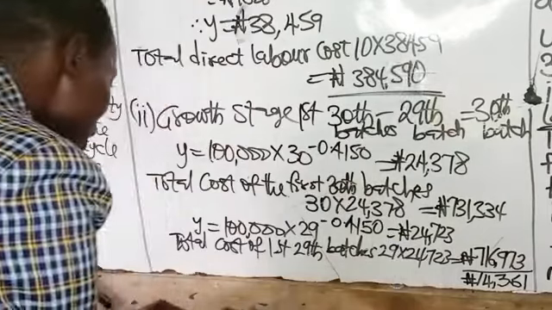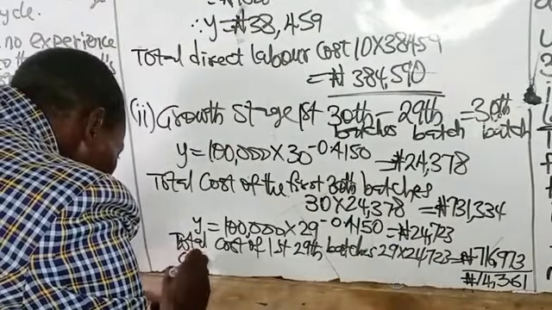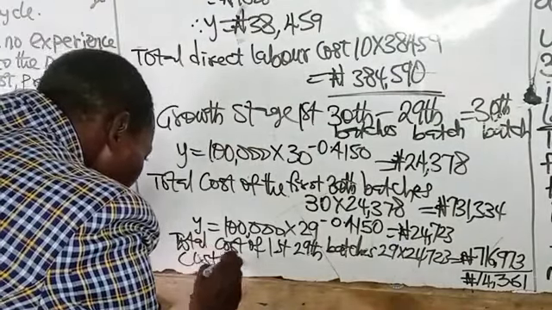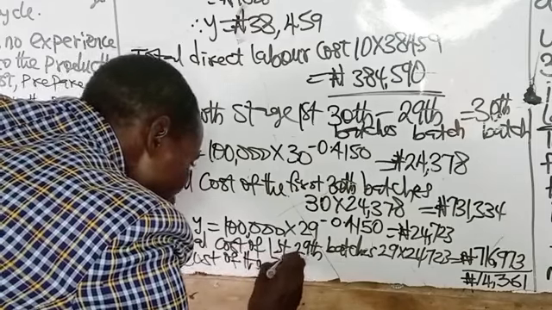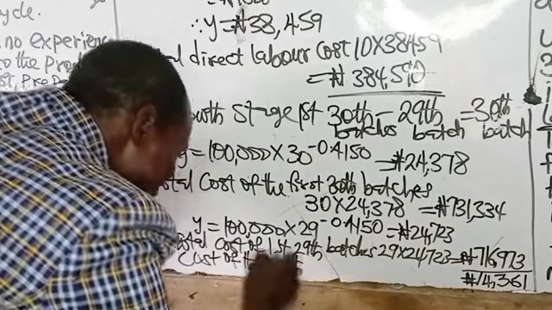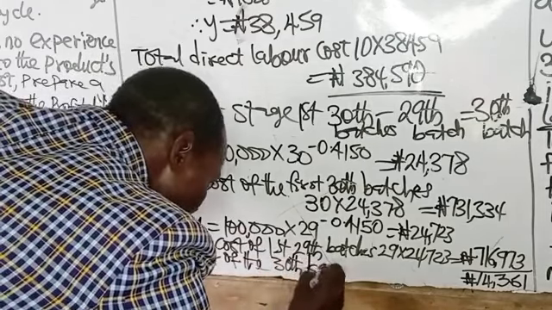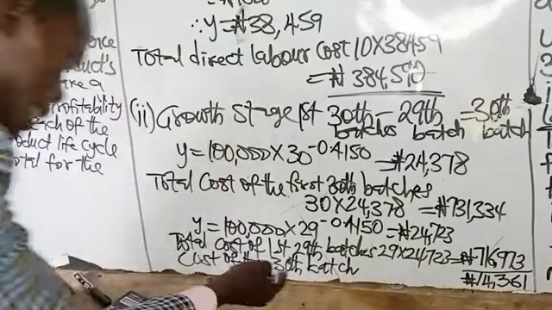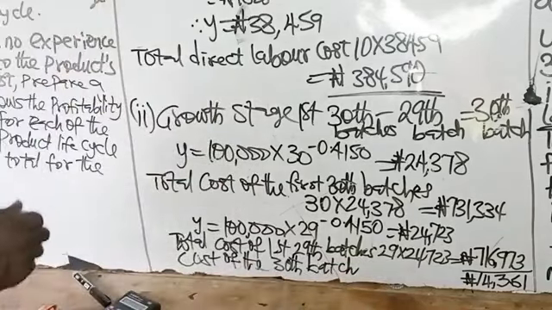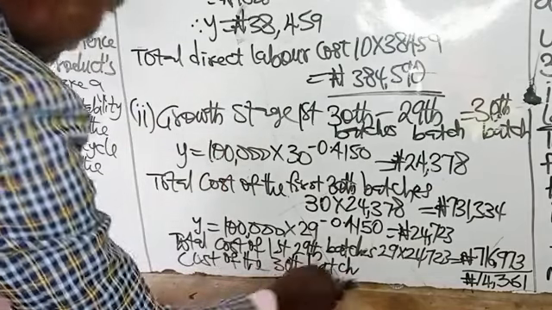This is the cost of the 30th batch. I didn't say first 30, I put 30th now, batch. I didn't say batches now. This is the 30th batch alone, not the first 30 batches.